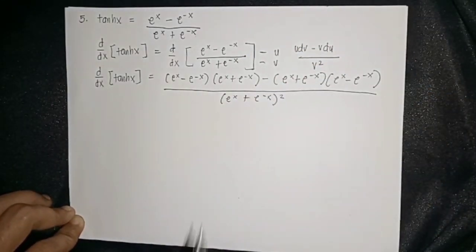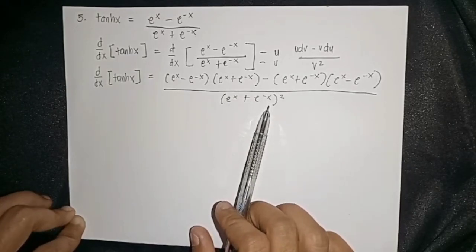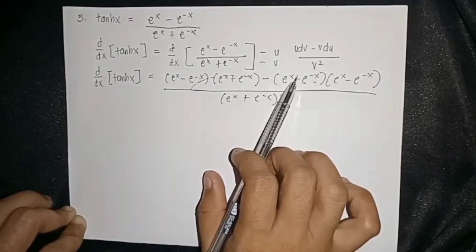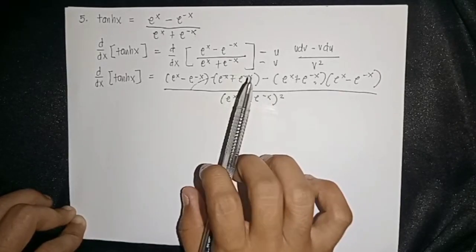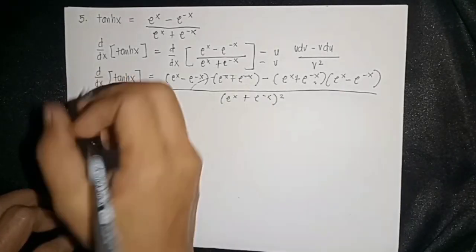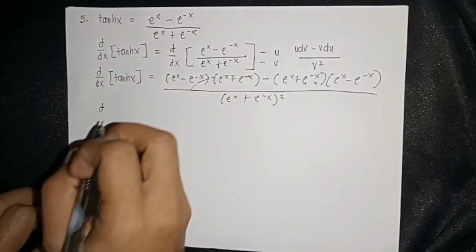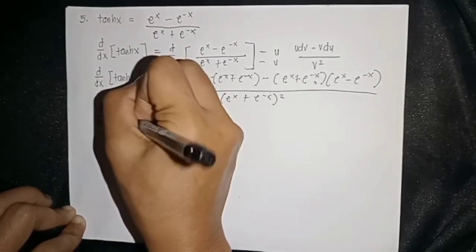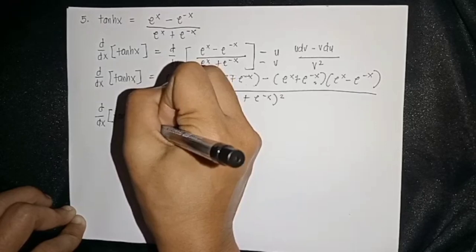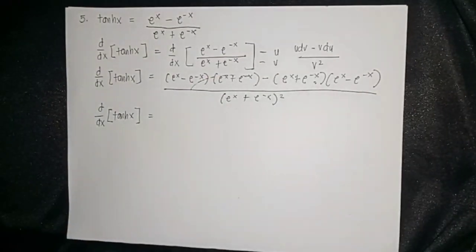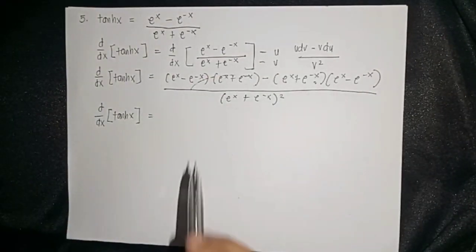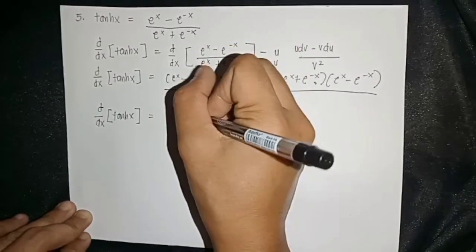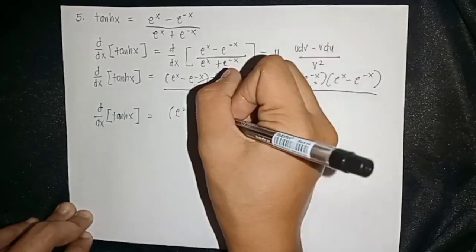If we look at the numerator, we can notice that we can still split this equation into two. So we need to distribute these variables, which is e raised to x times e raised to x.